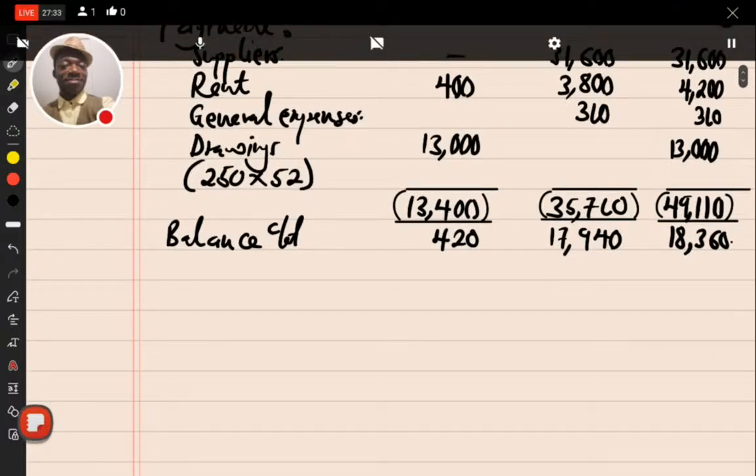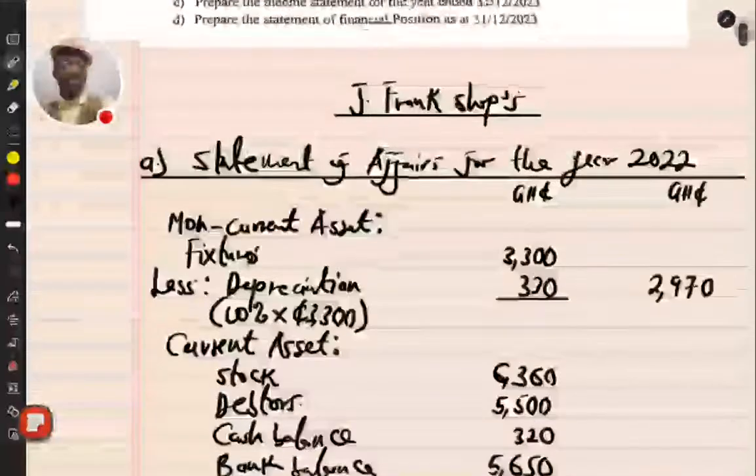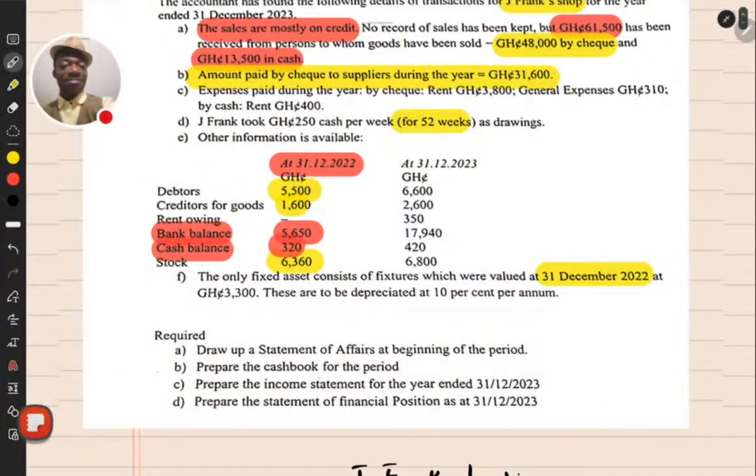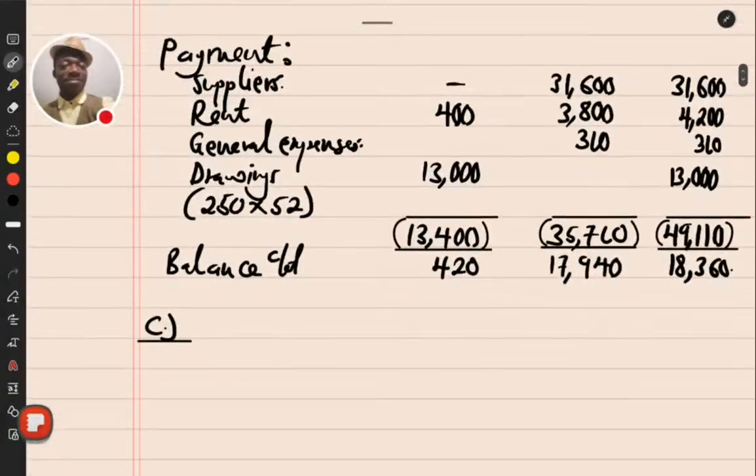So once we have that, the next thing we want to do is move on to the C part, where we are asked to prepare the income statement for the year ended 31st December 2023, sorry.